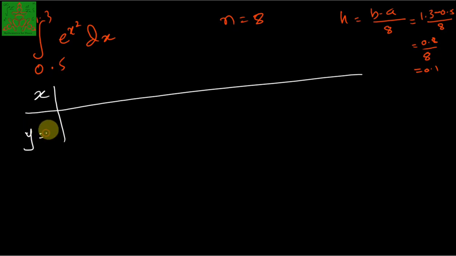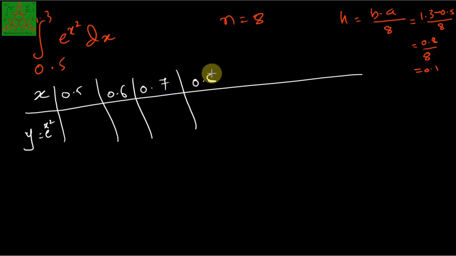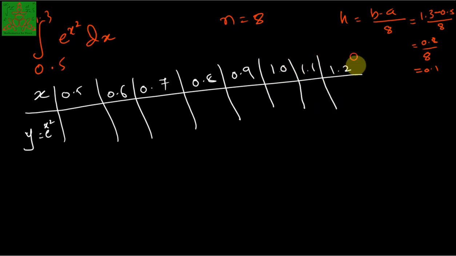The value of y is e power x square. The x values are 0.5, 0.6, 0.7, 0.8, 0.9, 1.0, 1.1, 1.2, 1.3.